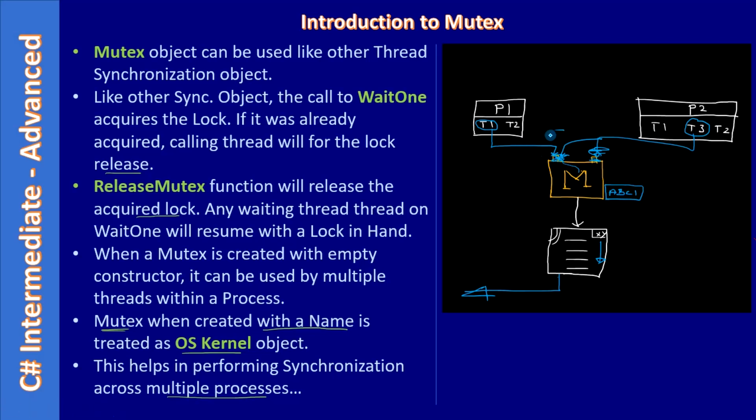For this same reason, we can say this mutex is managed by the OS kernel or OS core. So whether it is the Mac operating system or Windows, whatever, the OS core will maintain the mutex object. So that's all you have to know here.